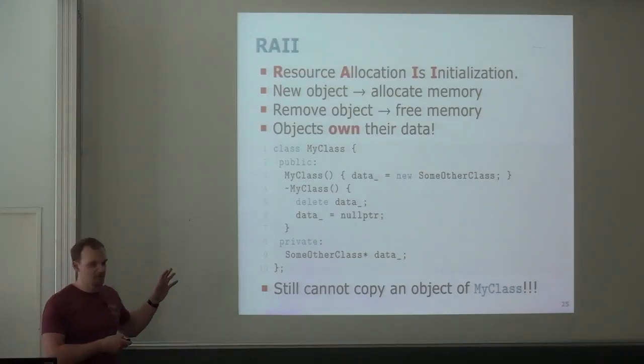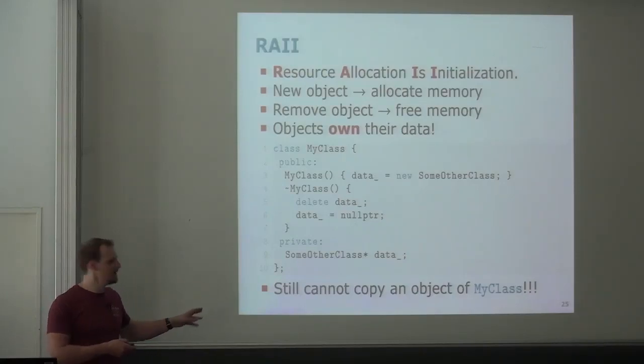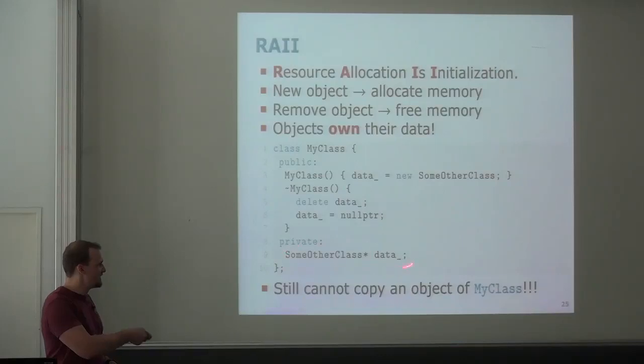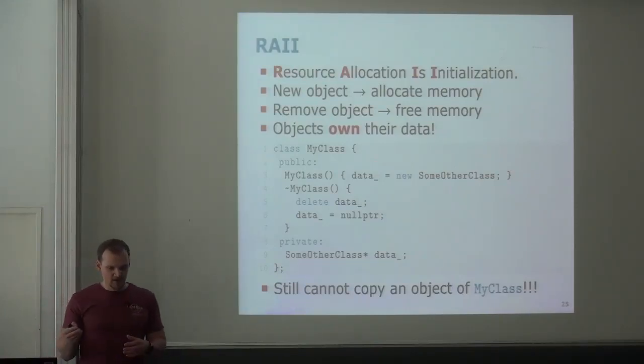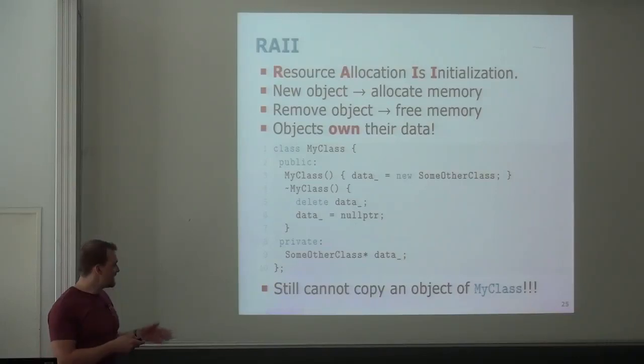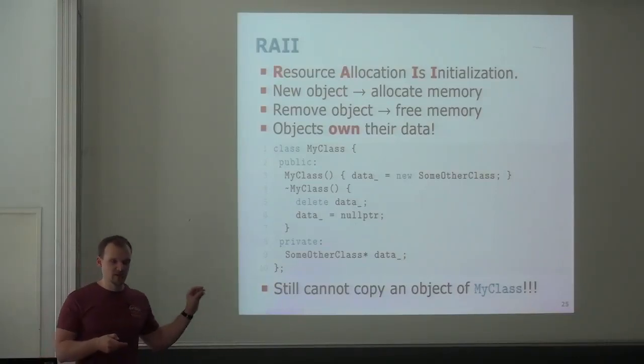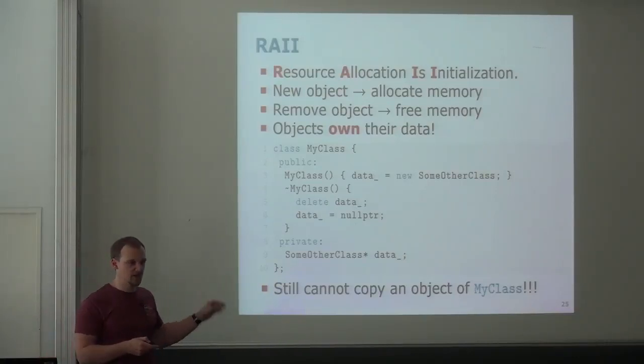So this is a very simple implementation. It's not enough to guarantee complete safety, but it's good enough for the start. I have some data here as my private member, and in the constructor I create some new memory for it. So the moment I create an object of this class, the object allocates memory.